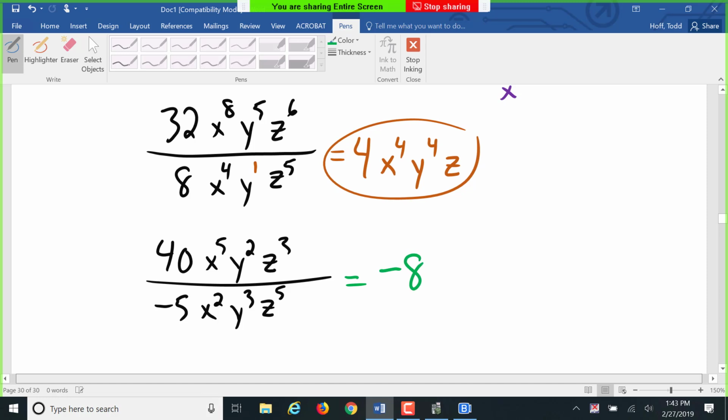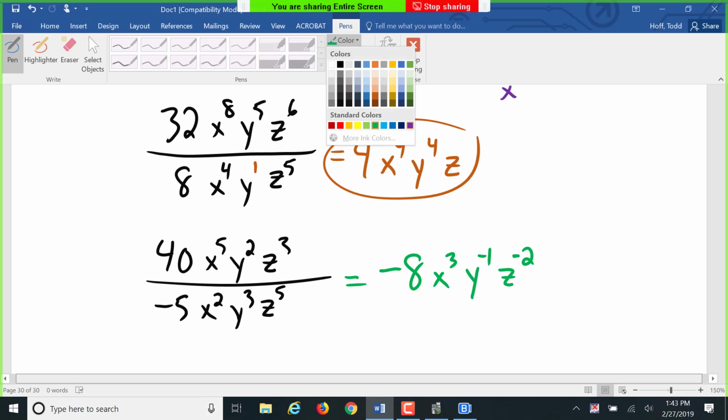Negative 8. How about for x? X to the 3rd. Good. 5 minus 2 is 3. How about y? Negative first. 2 minus 3 is negative 1. Z? Negative second. 3 minus 5 is negative 2.